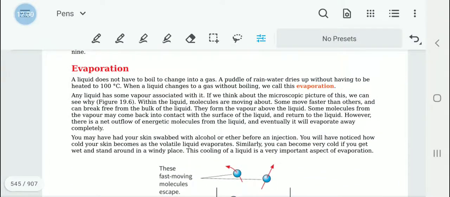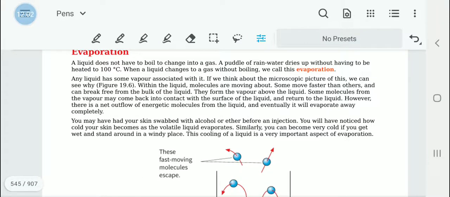Then we come to evaporation. Evaporation is different from boiling, because evaporation can take place over a range of temperatures. It doesn't have to boil to change into a gas. When a liquid changes to a gas without being boiled, we call that evaporation.